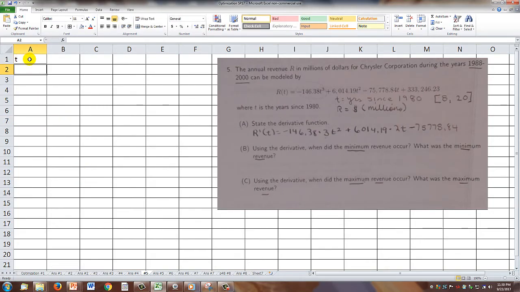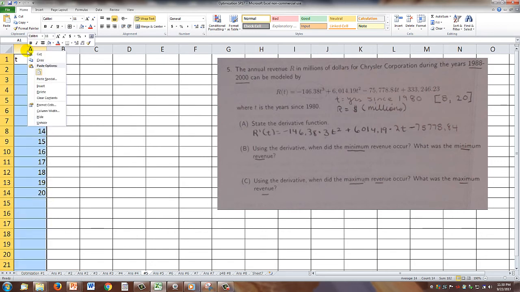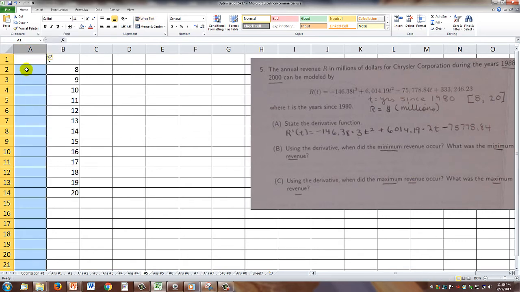Okay, so we're going to put our input in time in years since 1980, and our closed interval, we've already thought it through, is 8 to 20. And if you would like, you might want to insert a column. So if you click on A and insert, you can type in the years that these represent.